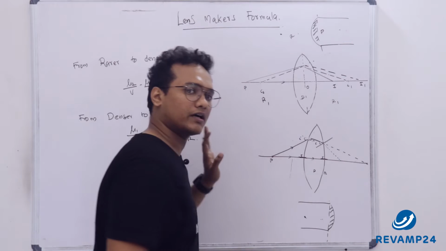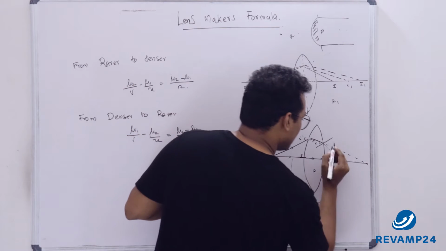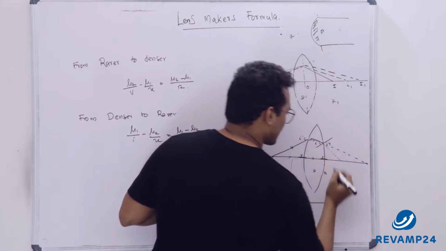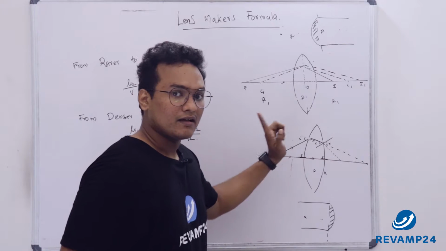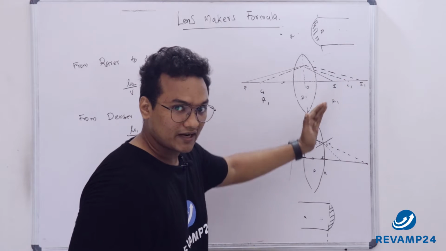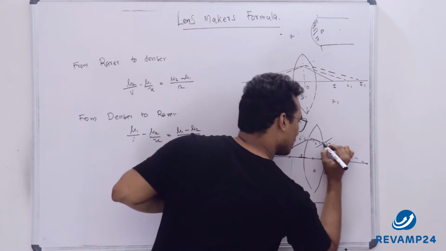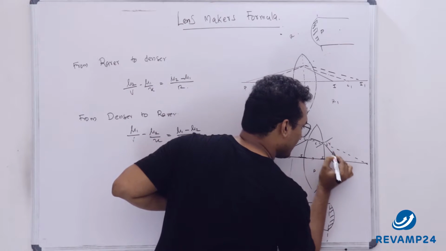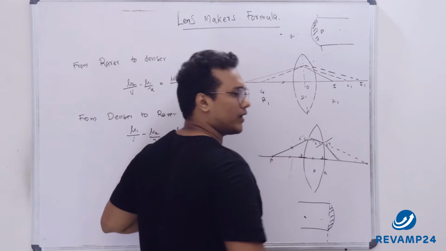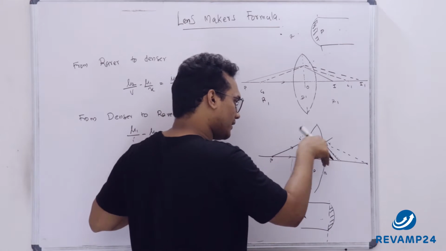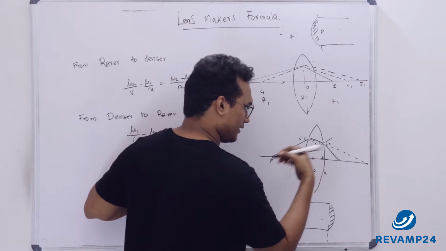So refraction will occur even at this surface, and this would be the angle of refraction. Denser to rarer, we know that after refraction the refracted ray would move away from the normal. So this is my normal and this is my refracted ray. So this was supposed to travel in this way, but it has bent in this direction and gone here.